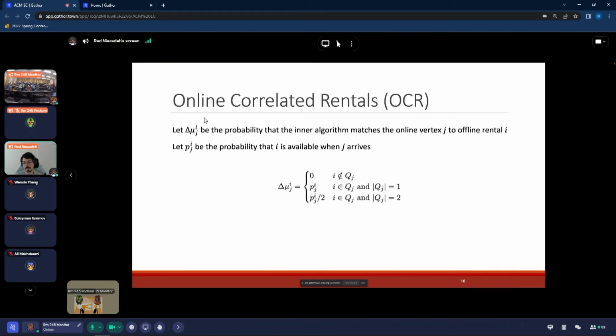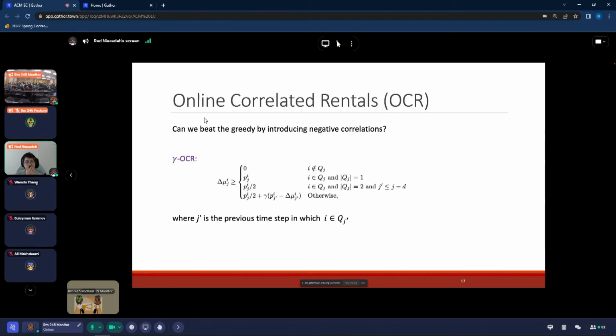So considering the simple randomized algorithm that I just mentioned, when we pick a vertex I uniformly at random, delta mu ij is 0 when I is not in Qj, because in that case, the algorithm doesn't match I. It is Pij when we have a deterministic run, in other words, when the size of Qj is 1. And when we have a randomized run, the algorithm picks I with probability of half, and also I was available with probability of Pij. So we have delta mu ij is equal to Pij over 2.